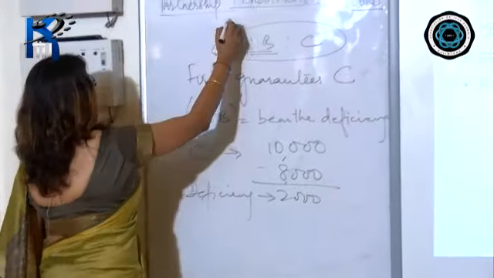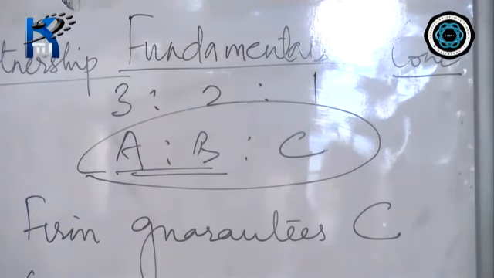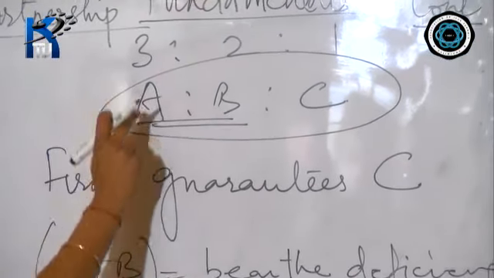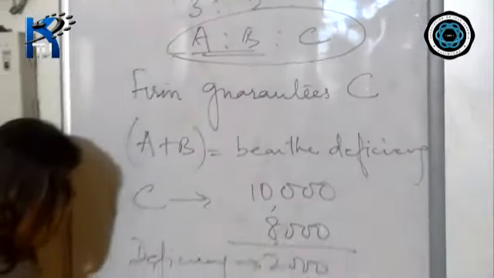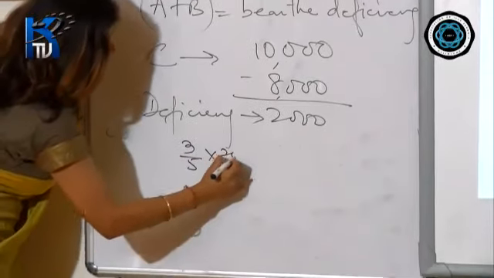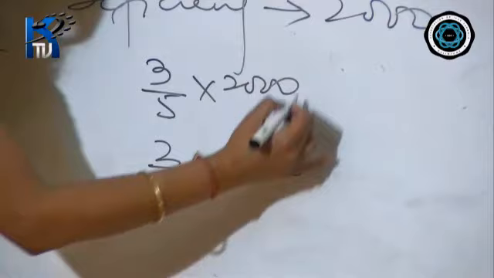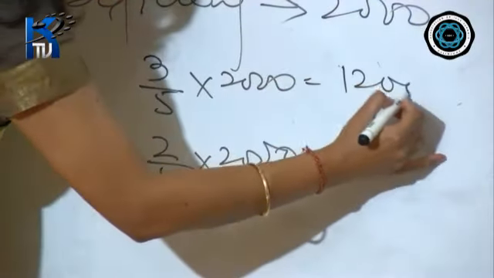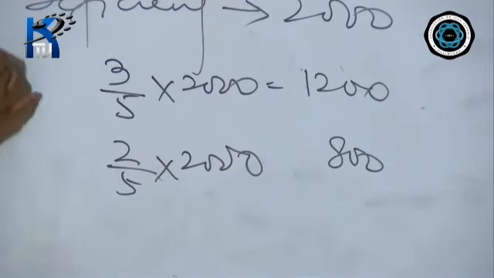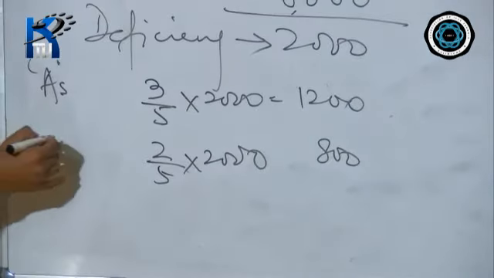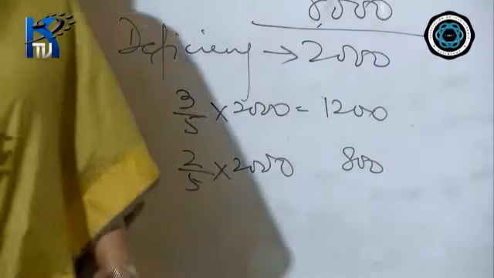So, if supposingly the profit sharing ratio of A and B was 3:2, the deficiency will be borne by A and B in the ratio 3:2. So, 3 by 5 into 2,000 and 2 by 5 into 2,000. So this comes out to be 1,200 and this is 800. That means A will bear a deficiency of 1,200 and B will bear a deficiency of 800.